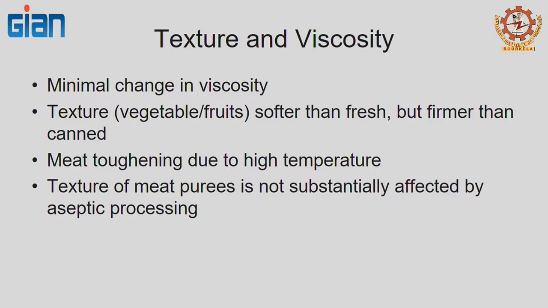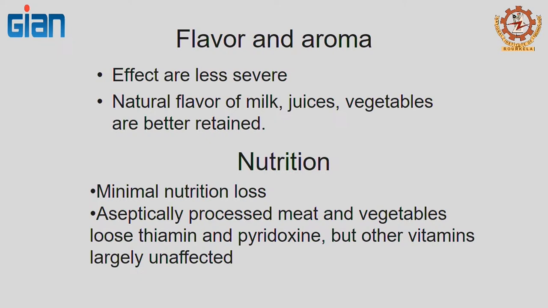Now, in terms of texture and viscosity, aseptic processing has a minimal impact on viscosity. The texture comes out a little bit softer than fresh, but much better than the canned product, and there may be toughening of meat at higher temperatures, but generally meat purees are not substantially affected by aseptic processing.